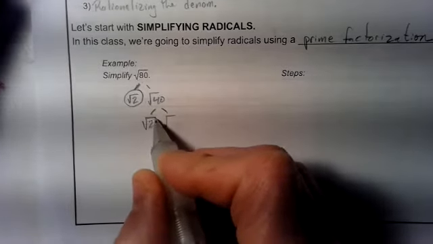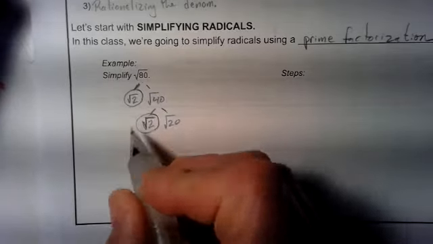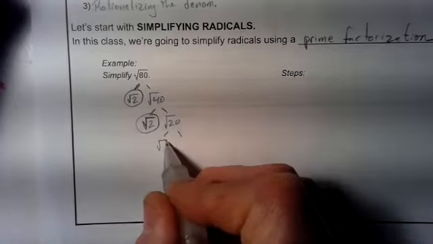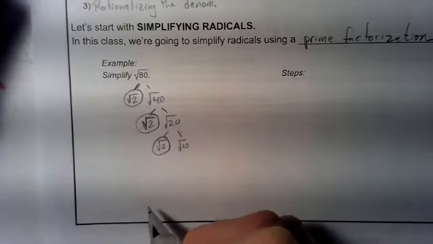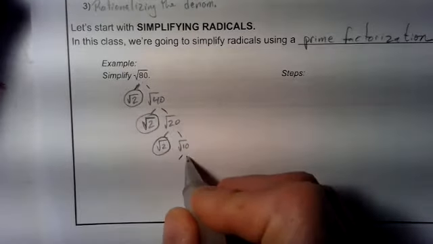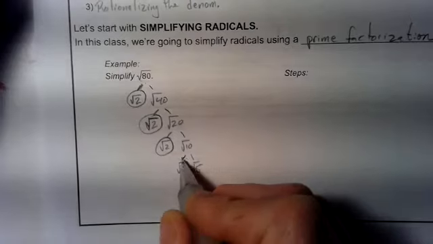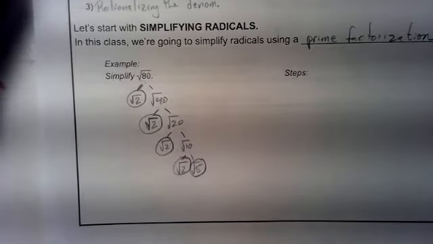Now I know 40 is even, so I can split that up in half into 2 times 20. Circle that 2 because that's a prime. And then square root of 20 is square root of 2 times square root of 10. Okay, 2 is my prime, 10 is not. 10 splits up again into the square root of 2 times the square root of 5. And 2 is prime, and so is 5. So that one's all done.